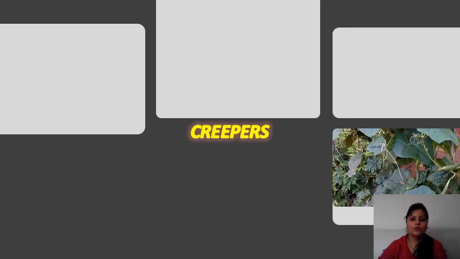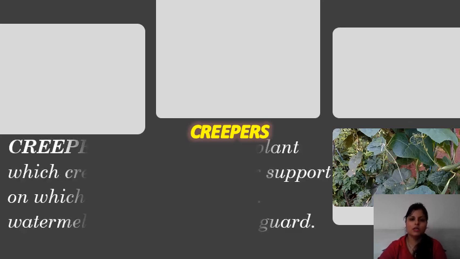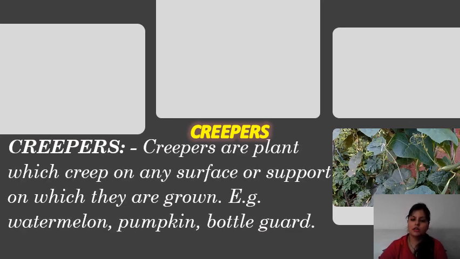Because the fruit or vegetable which grows on them is very heavy. And because they are very heavy, they cannot climb. So they will creep on the ground. See, creepers are plants which creep on any surface or support on which they are grown.